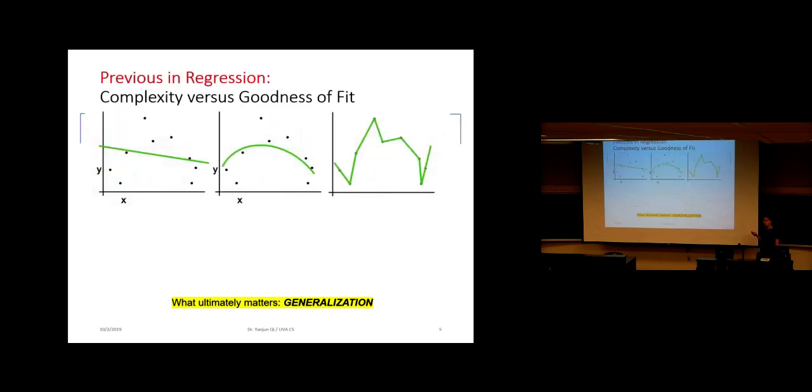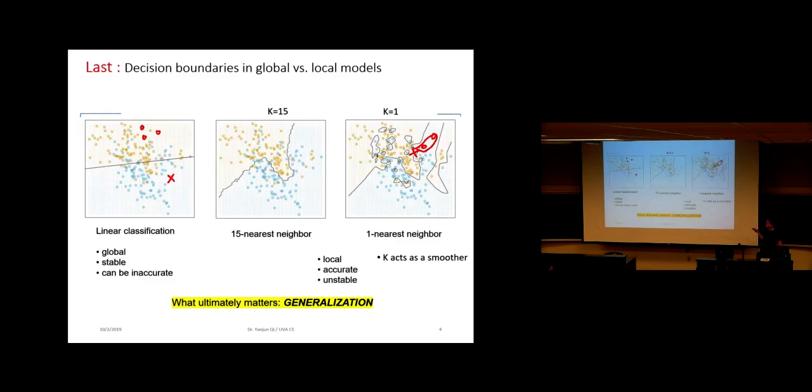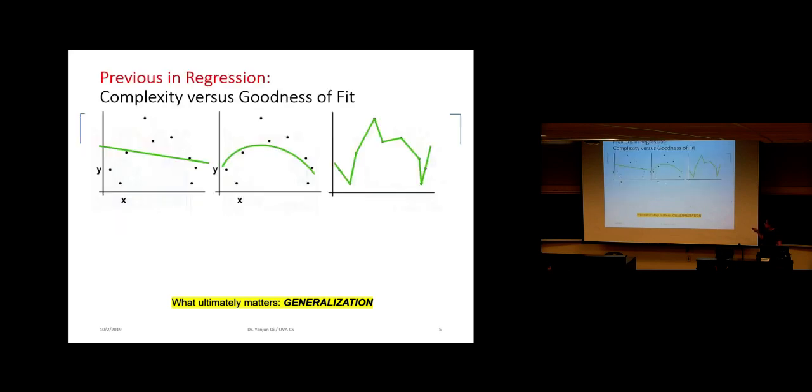Previously, when we covered regression, we observed something very similar. We are given multiple training data points; in this case, this is X, and Y is the vertical direction. Don't be confused by this versus here.